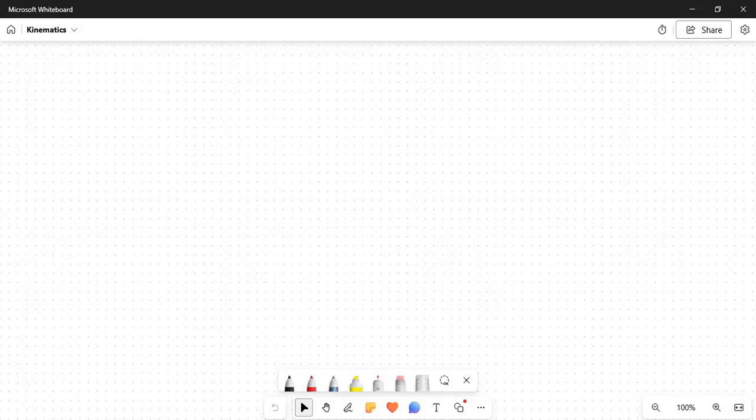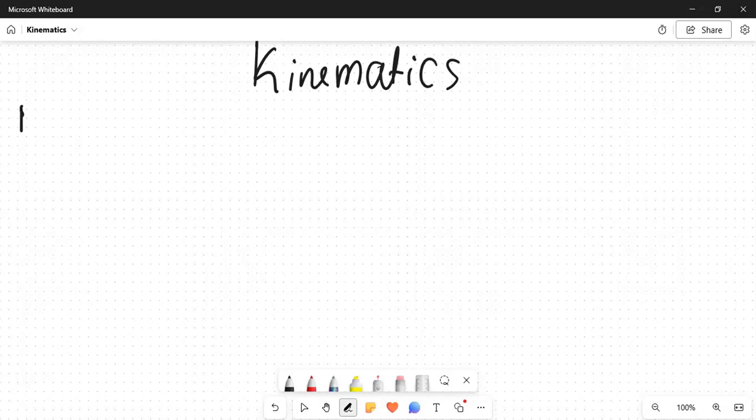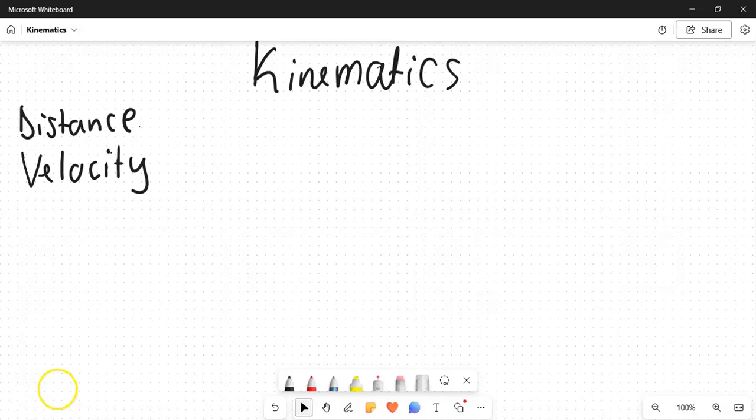Today we're going to be learning a topic called kinematics. There are three things you need to know in kinematics: distance, velocity, and acceleration.